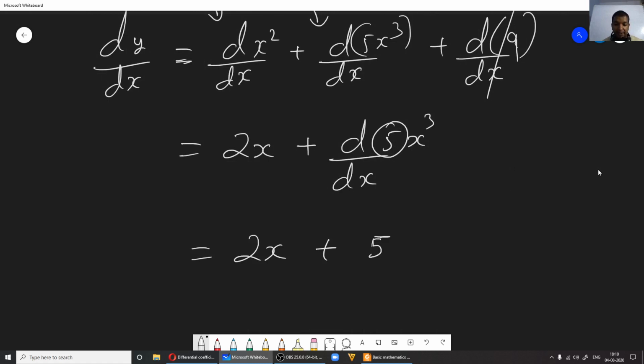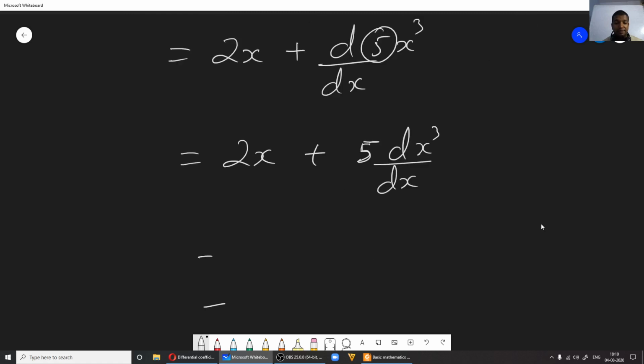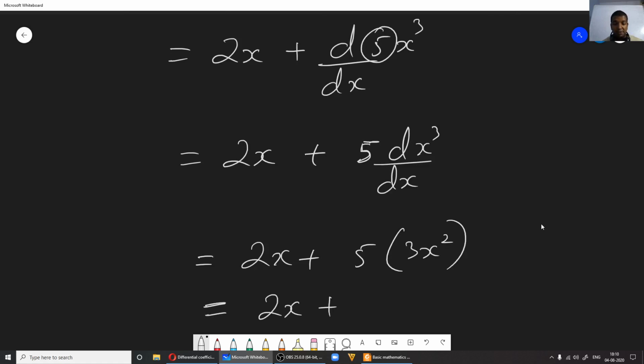First write 5, then evaluate 5 times d by dx of x cube. What is the differentiation of x cube with respect to x? We'll get 2x plus 5 times 3x square. So this is your final result, 2x plus 15x square.